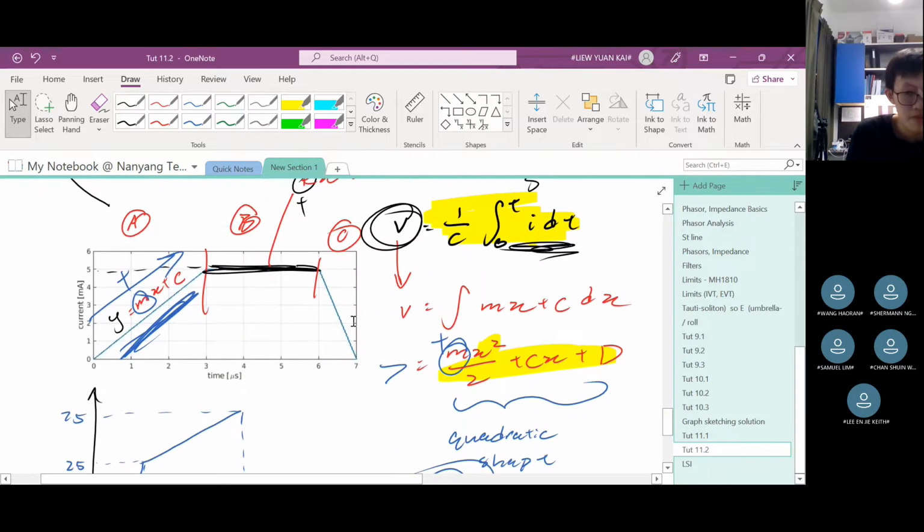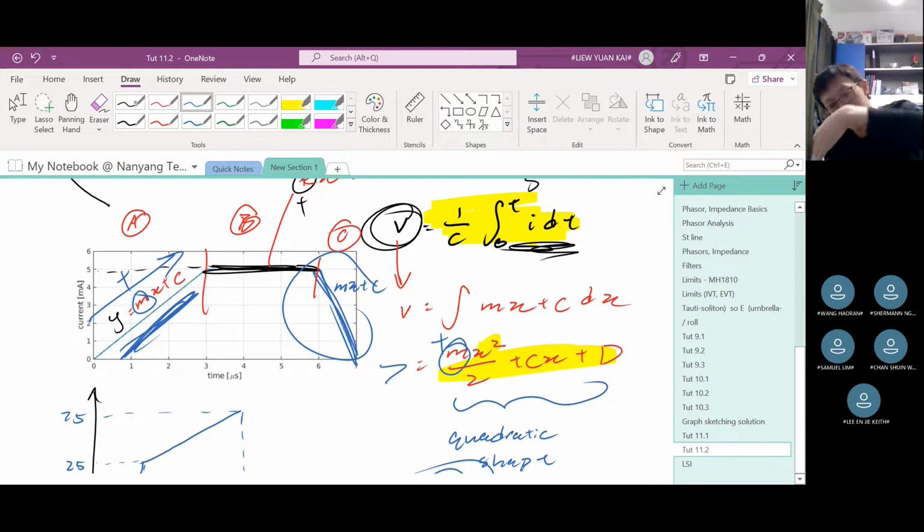In this case, 6 to 7 microseconds, also a straight line, mx plus c. Integrate this to get the shape. So we already did it here, right? In this case, the gradient is negative, correct? You see, up here is positive, but this time it is downward sloping.